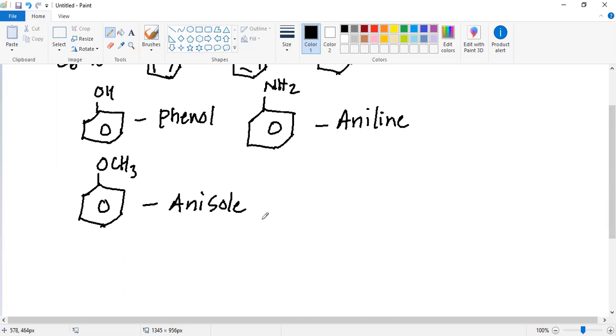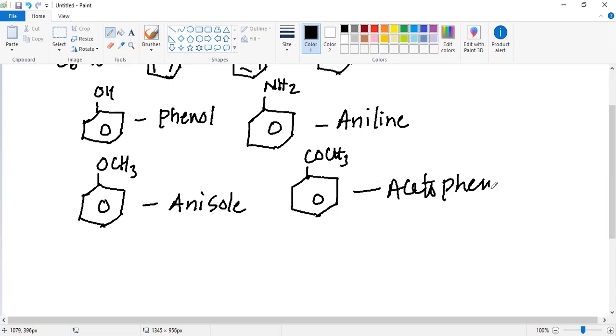If we have benzene that has COCH3, we should call it acetophenone.